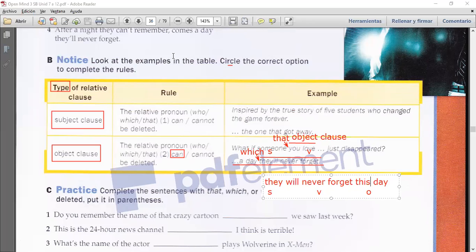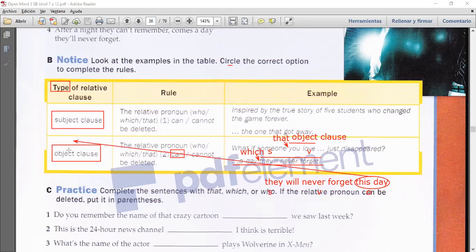Okay, this part. What is that? In this clause, it's "which". But as we can eliminate, we are referring to a day, and it was the object. In this sentence, it was the object.